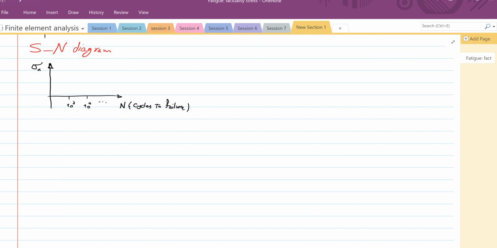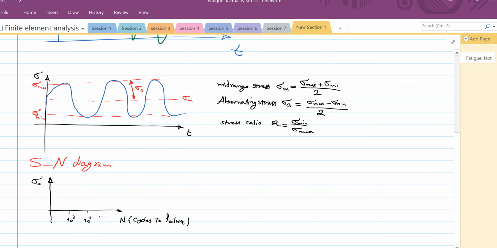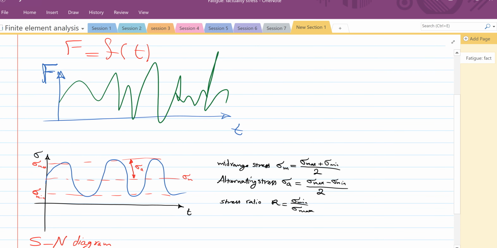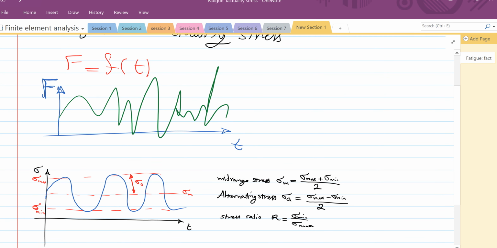By the way, let me explain something before going further. We talked about why we shouldn't design our geometry for ultimate stress or yield stress. We need to design for something lower, and there's a reason for that. Before reaching those stresses, we usually see crack propagation when we have cyclic loading.